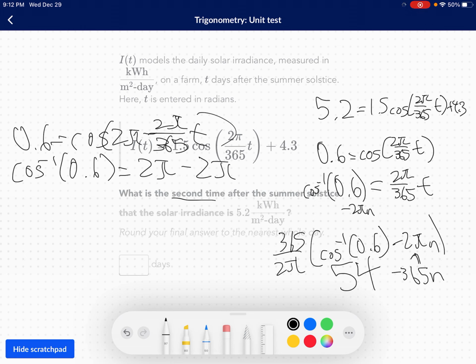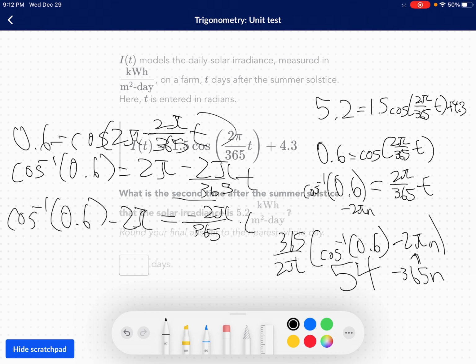I'm going to disregard the 2 pi n because I don't think it's necessary. We already found it in the other identity, so I'll go on. And then after this, minus 2 pi equals negative 2 pi over 365 t, so 365 over negative 2 pi.